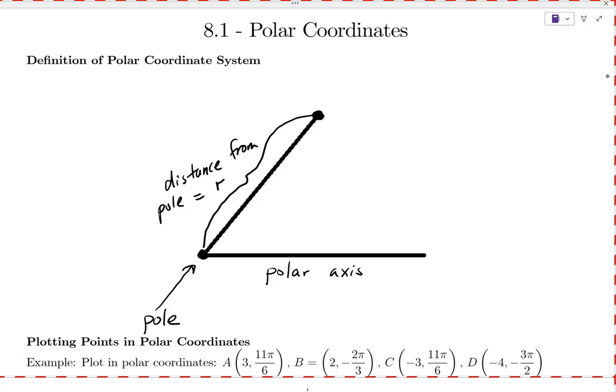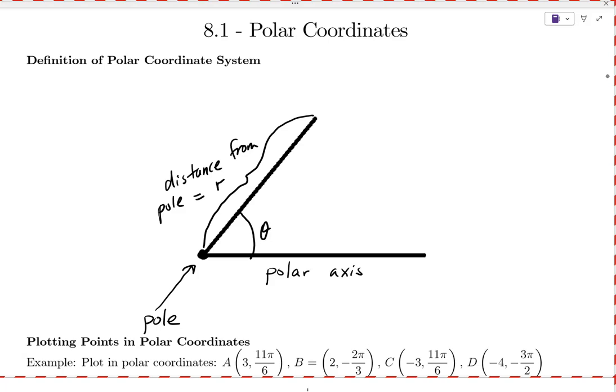All right. Now, of course, saying how far it is from the pole isn't enough information to describe where the point is, right? There's lots of points that are the same distance from the pole. So another way to describe this, to figure out that I want specifically this point, we're going to look at this angle, the theta.